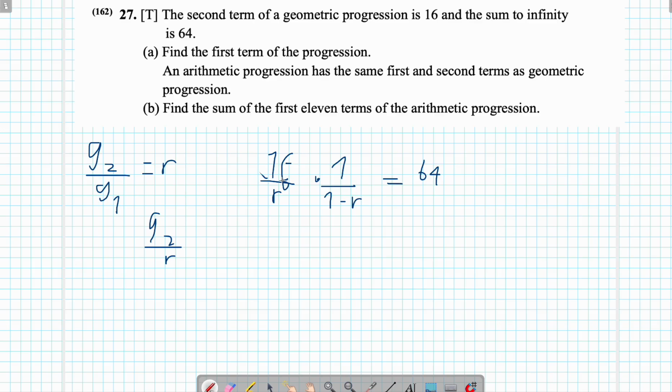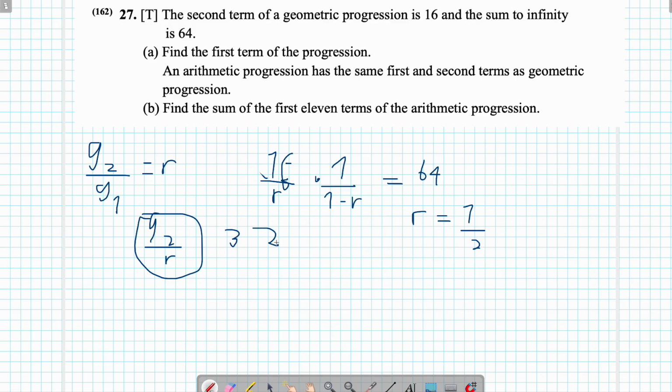So 16 over r times 1 over 1 minus r is equal to 64. You get r is equal to 1 over 2, right? So the first term, by using this rule we found earlier, G1 would be 32, right?